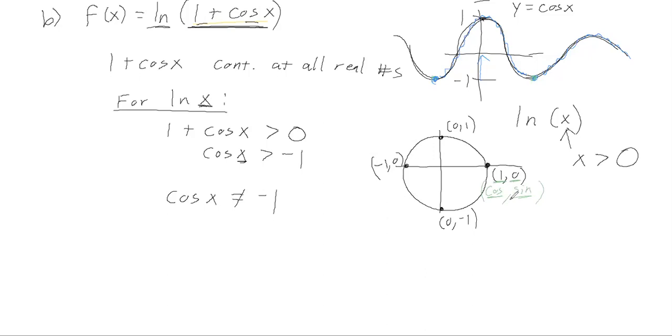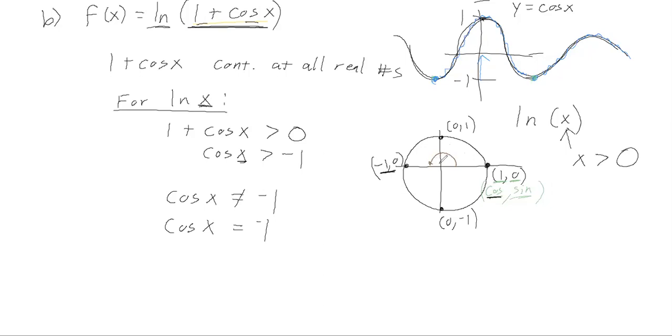So let's go back to this part here, cosine of x, and let's look at where it's equal to -1. Where's the first number in this ordered pair equal to -1?